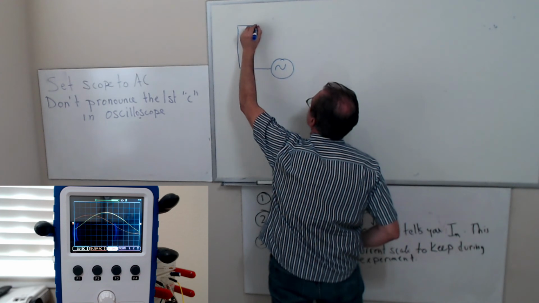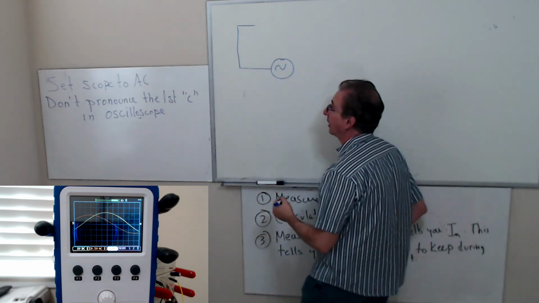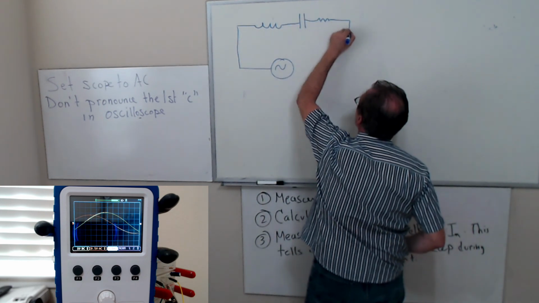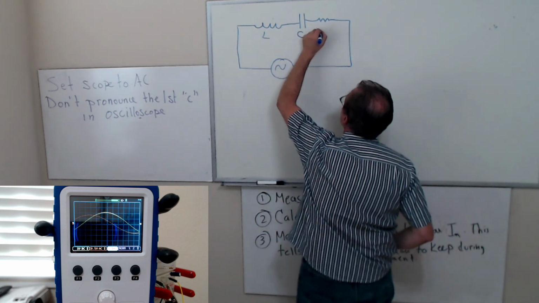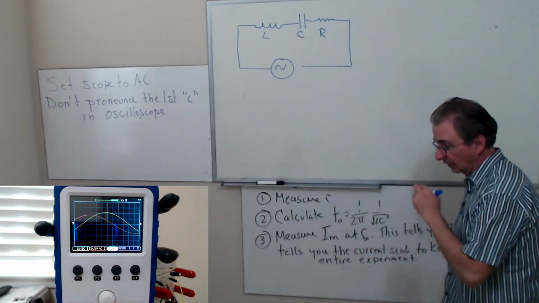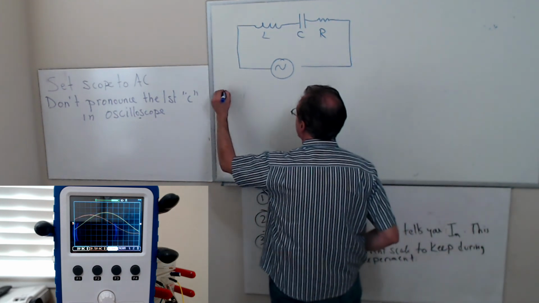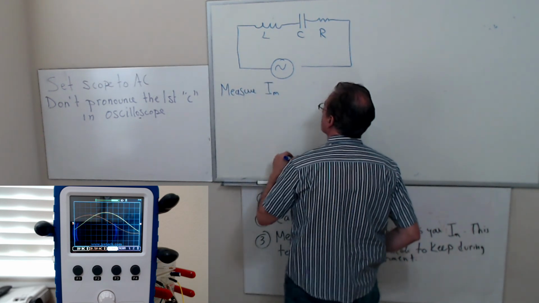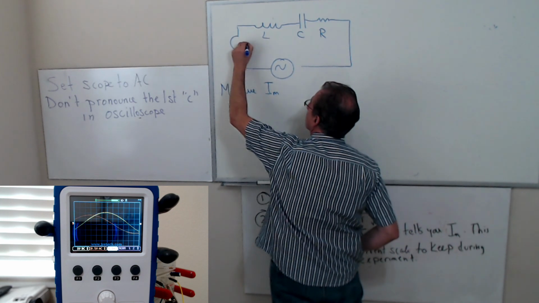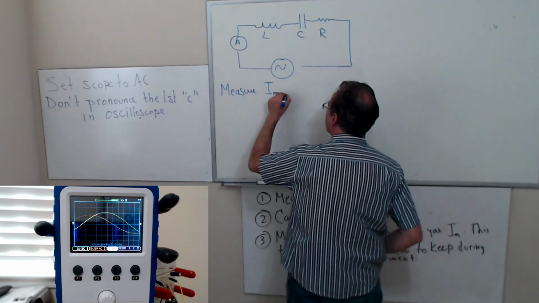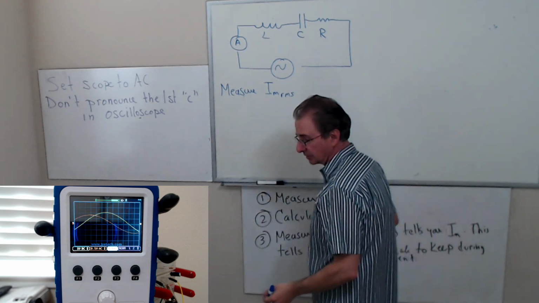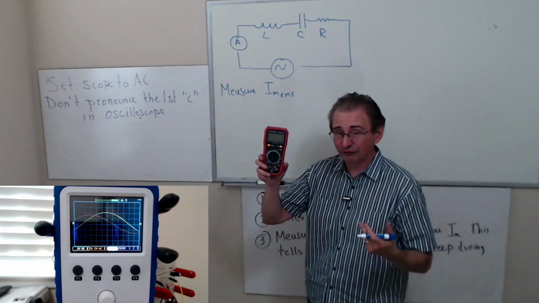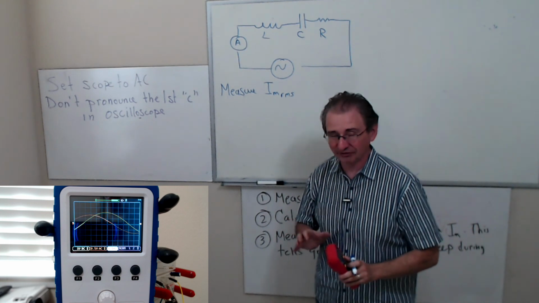So let me draw my RLC circuit. It doesn't matter here what order I draw them in, okay? And what you're going to do in this lab, you're going to measure the current. So we got to put an ammeter here. And because we're using the multimeters, ideally, if you had five multimeters, you'd be using all of them for this lab.